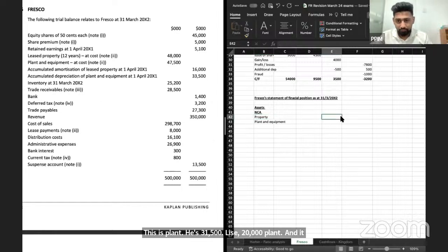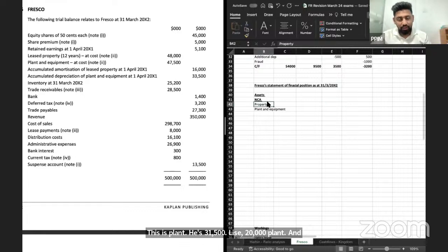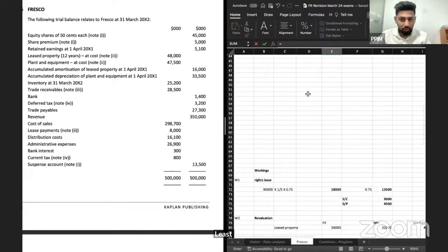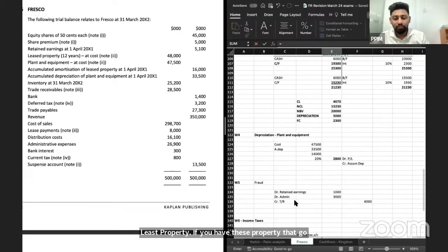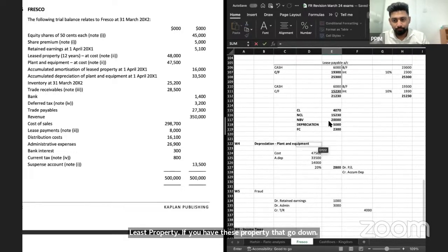Let's go and check. Okay. Now we have leased property. If you have leased property, let's go down. Our net book value of leased property is going to be 20,000, which we already got. That's right.